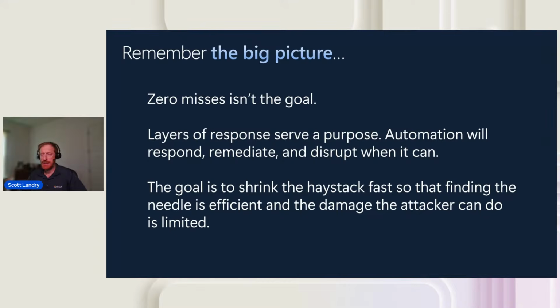There's no benefit to spending tons and tons of time looking at millions or billions of emails that might be coming into a tenant. Instead, we want the humans to focus their effort in the places that really give the bang for the buck.